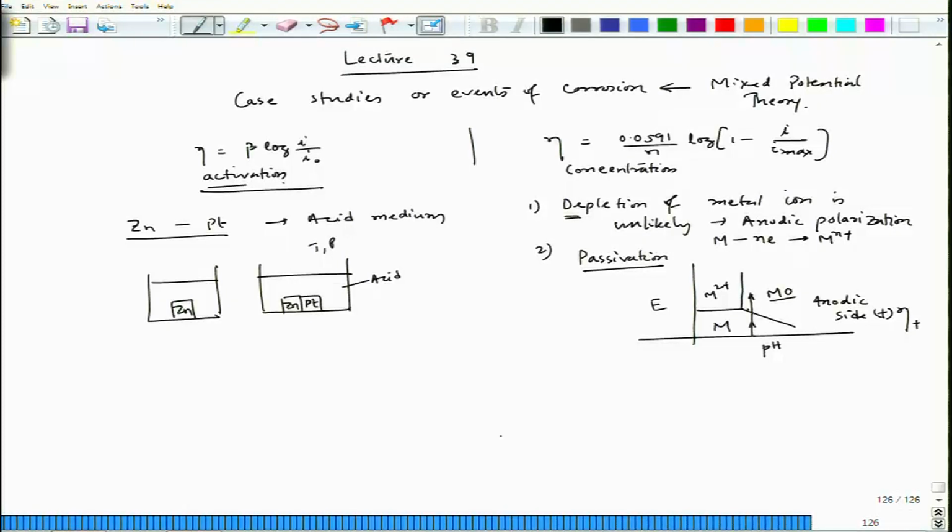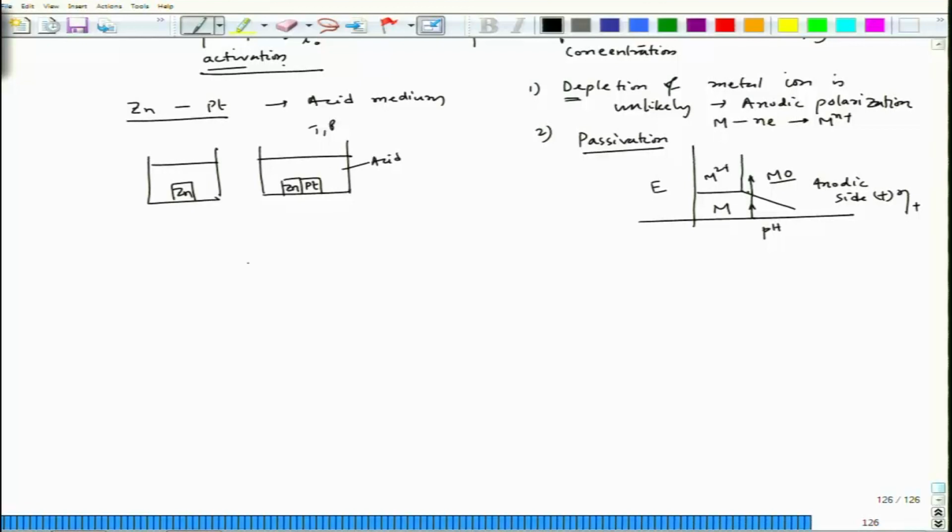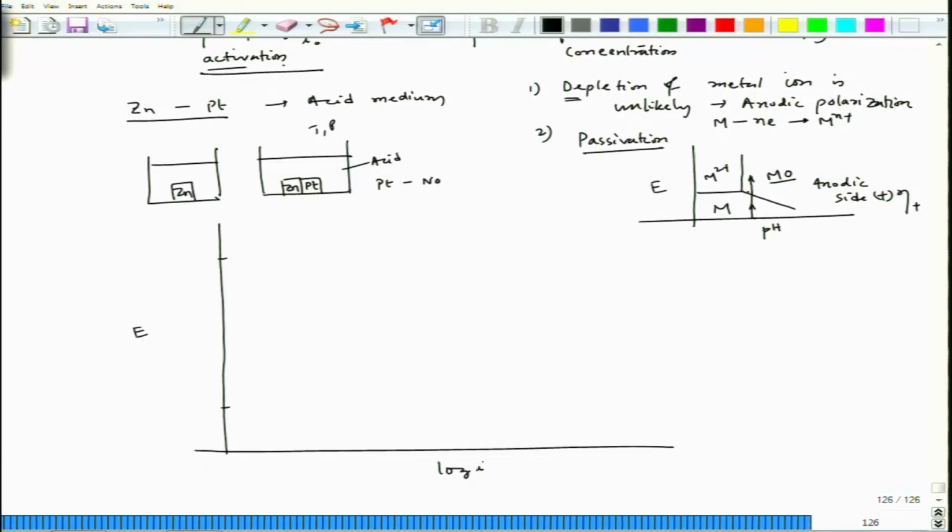In that case we have to draw the Evans diagram, so let us draw it. Log I, this is E, and we start with zinc, because the anodic reaction is zinc dissolution, and here platinum is noble and zinc is the active component.